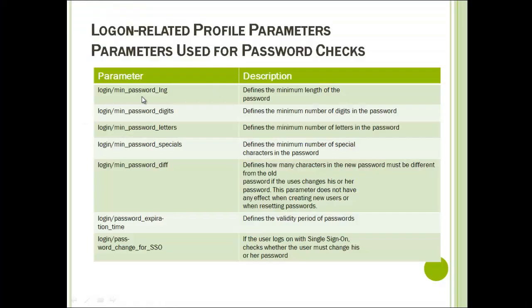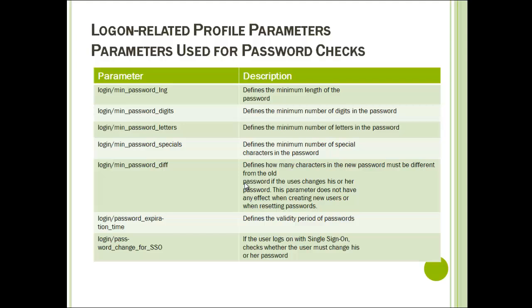We have seen the minimum password length, the minimum password digit, maximum password letters and minimum password special, that means special characters. Then the next parameter we are going to see is login/min_password_diff. This parameter defines the minimum character change.